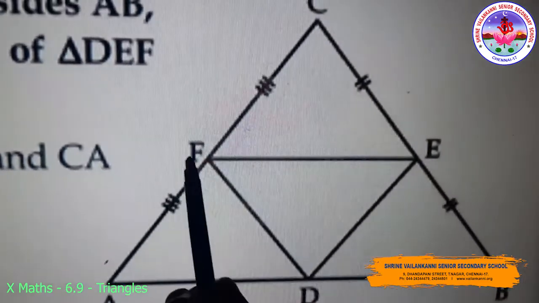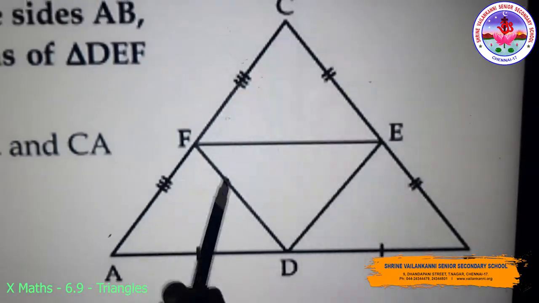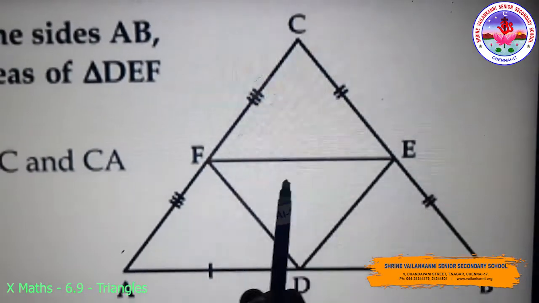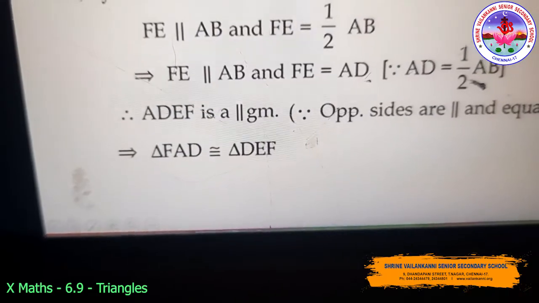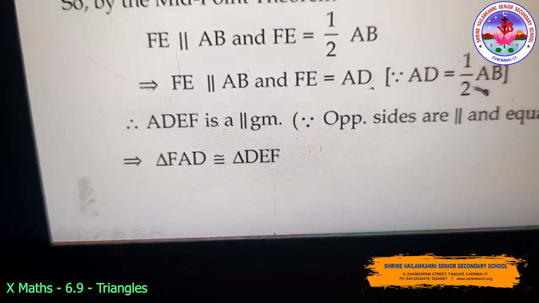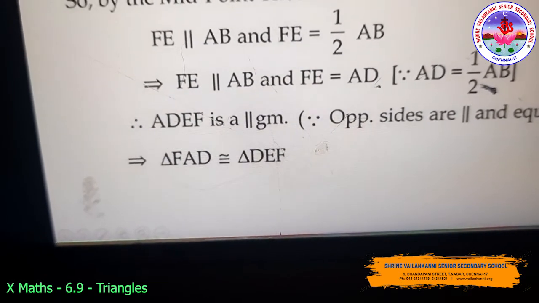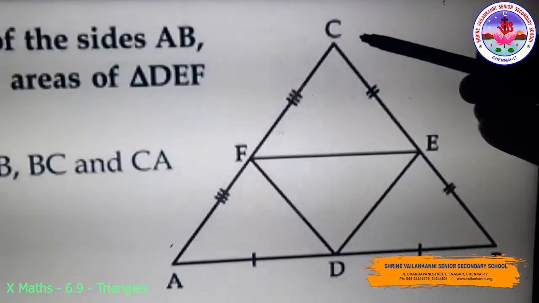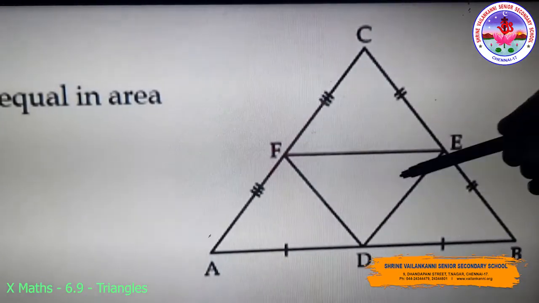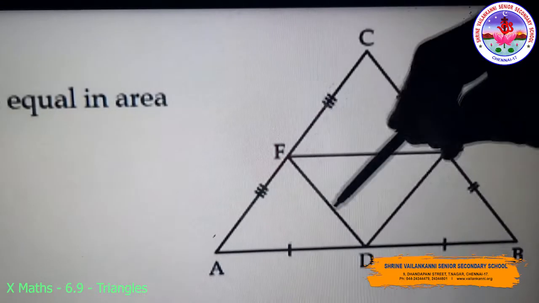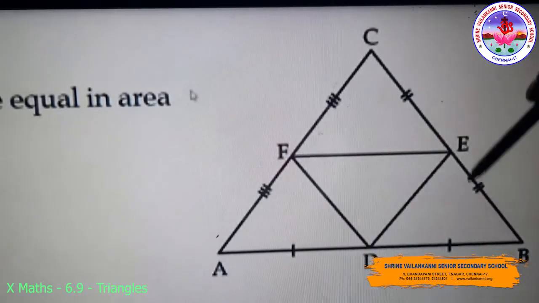Coming to the figure, in ADEF, my diagonal FD divides the parallelogram into two congruent triangles. Hence, triangle FAD is congruent to triangle DEF. Similarly, I can prove that CFDE is a parallelogram as well as EFDB is a parallelogram.